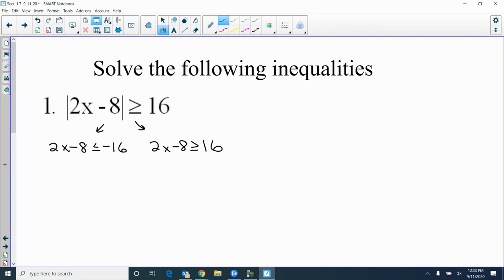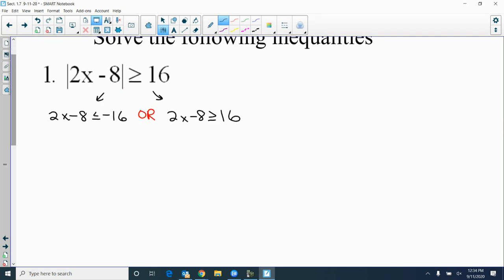And I should put the word or in there, because you have to have that. Now, add 8. 2x is less than or equal to -8. Divide by 2.